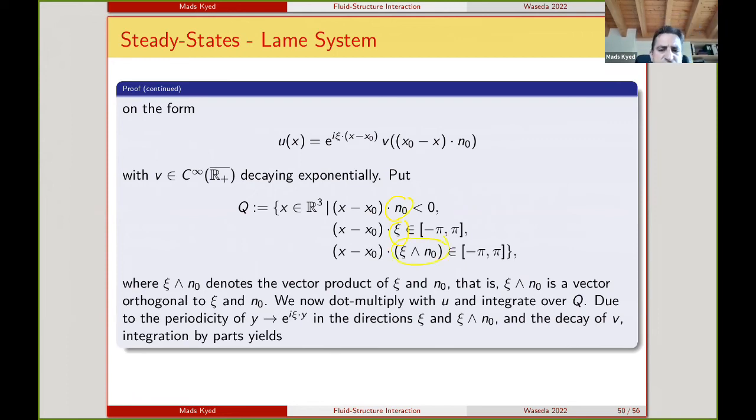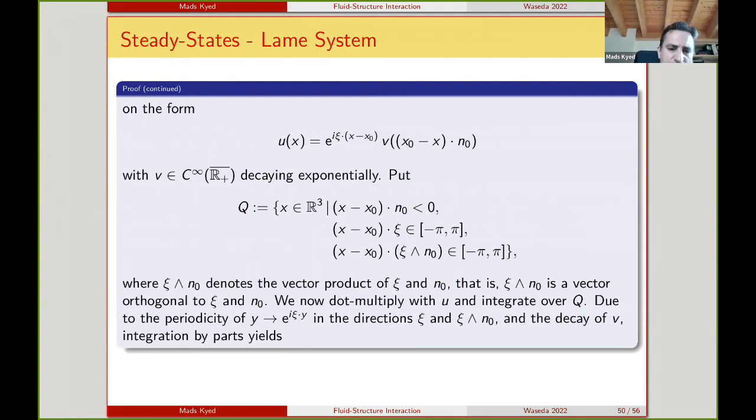So psi is just some vector in the tangent space, and then I have the two tangent directions, and I have the normal. But they should be normal. Why do I say P? There's some normalization missing here. But anyhow, that's not the point. So this is confusing me. No, I take just the cube. Sorry, I'm talking to myself now. Okay, so Q is a cube in my half space.